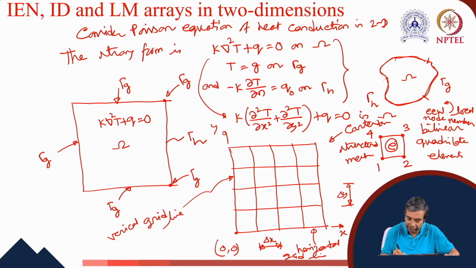Let us identify the global nodes. 1, 2, 3, 4, 5. These are the global node numbers.